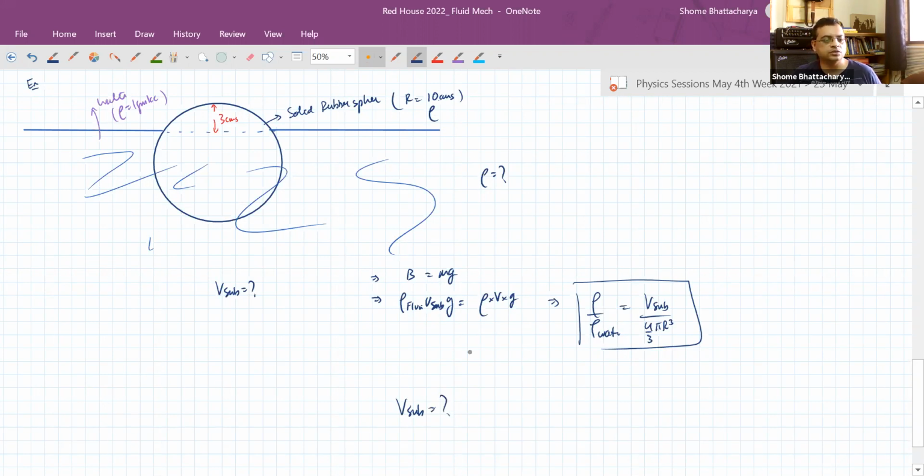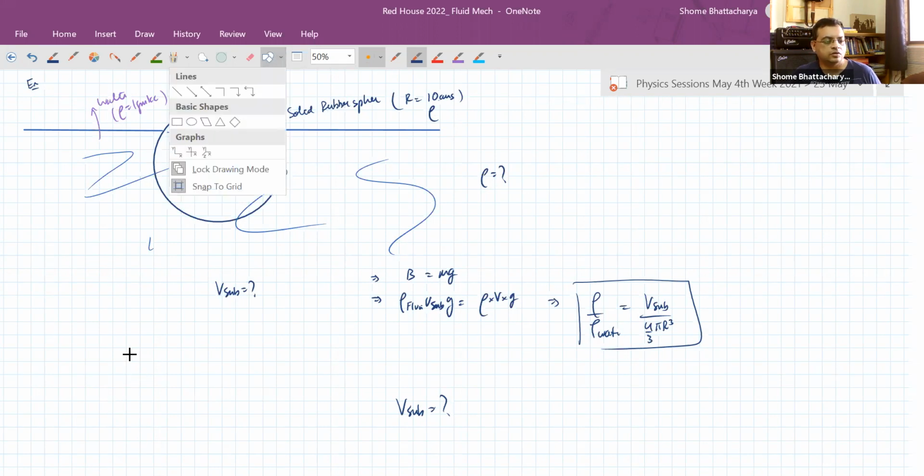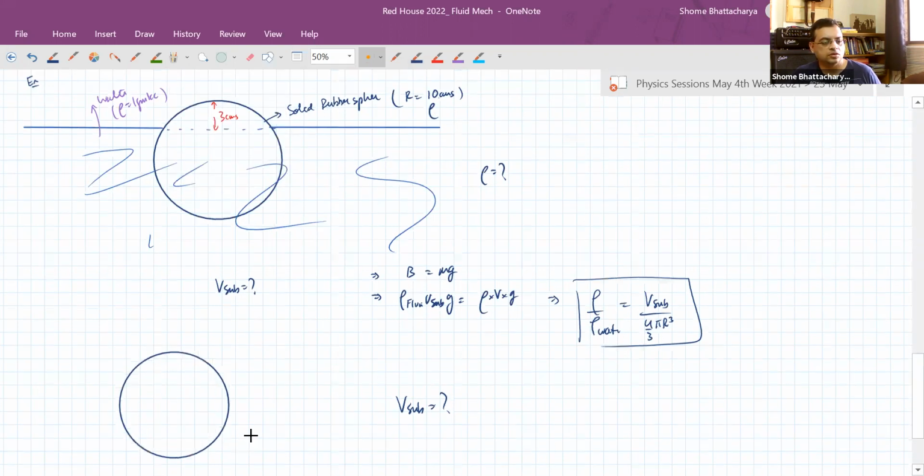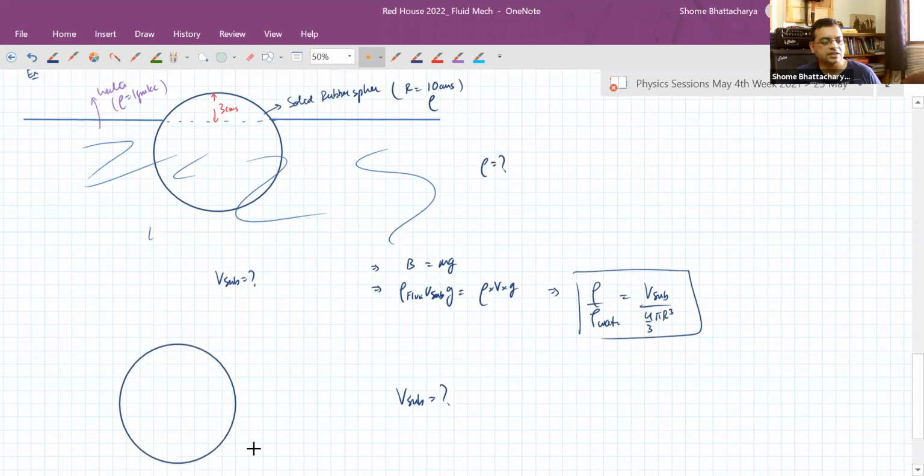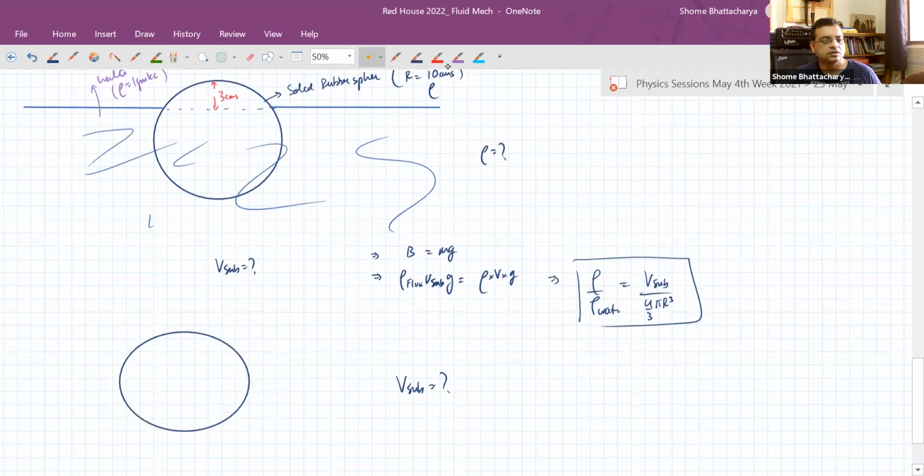So for that, just like we did the derivation of spherical volume using integration by slicing it into discs, same thing we can do here. Okay.